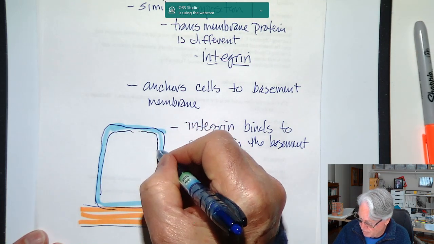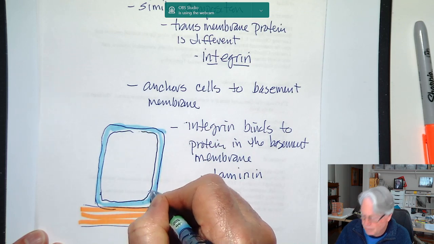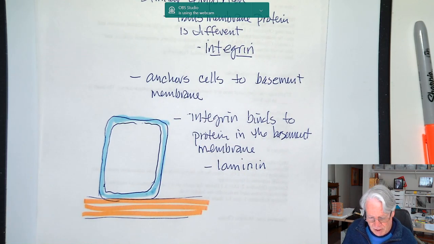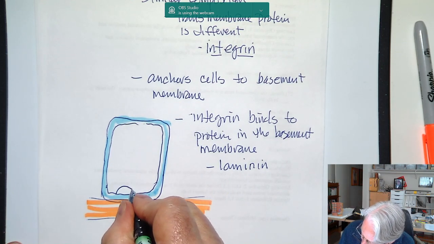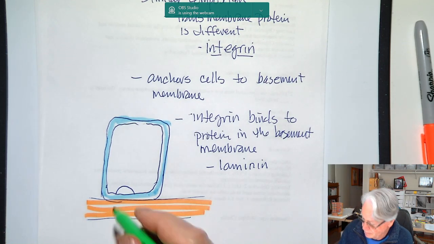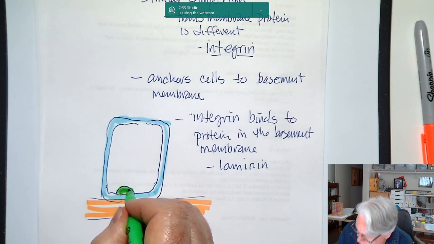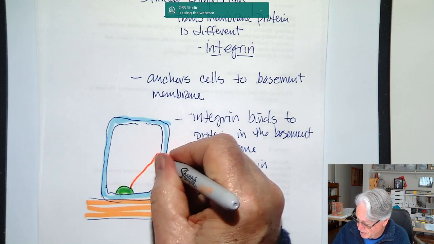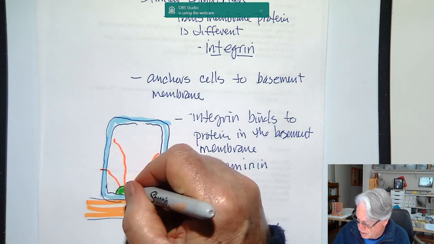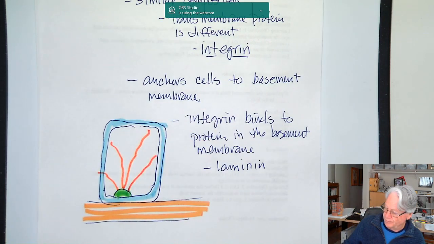And with its membrane. Okay. And we're going to have our plaque. We're going to have the intermediate filaments extending out. Right.